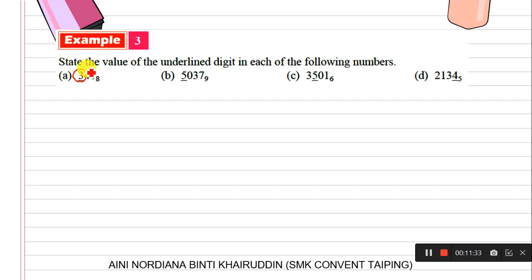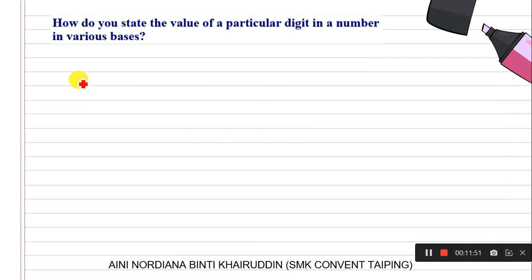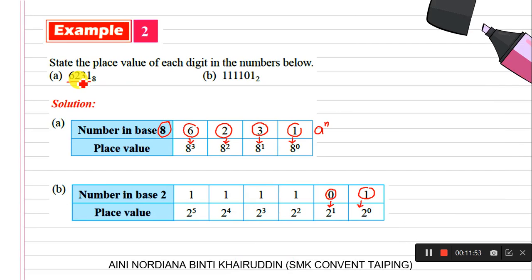In order to calculate the value of this number, we just multiply this number with the digit value. Okay, what is digit value? Before this, we learned about place value. So this is place value, 8 to the power of 0, 8 to the power of 1. Digit value is the number of this.